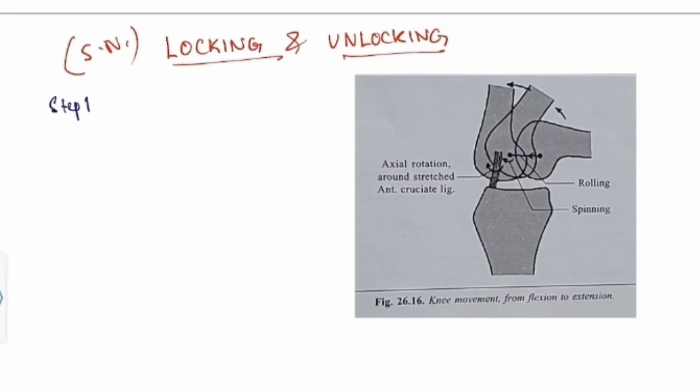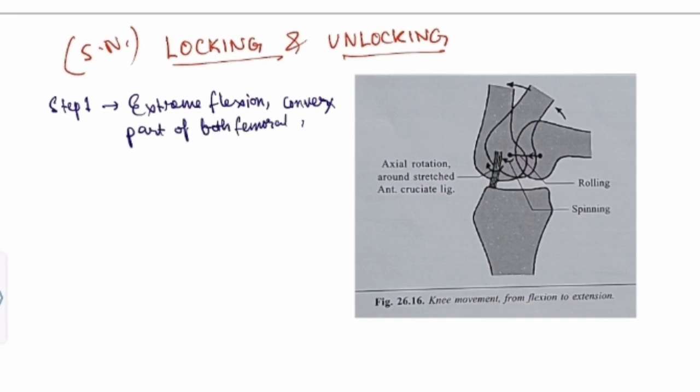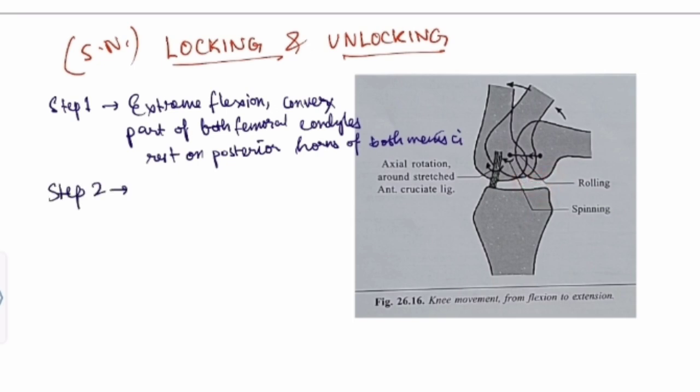Step 1. Extreme flexion. Both femoral condyles rest on posterior horns of both menisci. This part. Step 2.